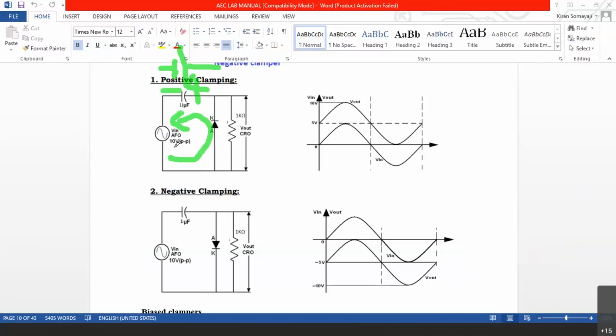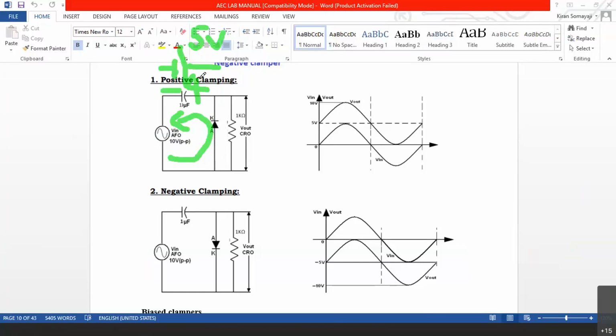If this is 10 volts peak to peak, the capacitor will be charged to Vm, that is 5 volts. So later on this works like a battery, and the battery will superimpose on the AC. As I told you in the last class, AC and DC are in series, and when AC and DC are in series, they will get added up.